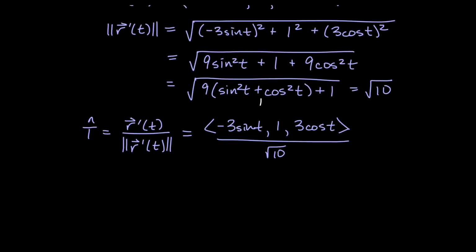And if we want to write it all as a vector, we might say T hat then will be negative 3 over root 10 sine of t, comma 1 divided by root 10, and you can rationalize these, of course, if you want to. And then we have 3 over root 10 cosine of t.